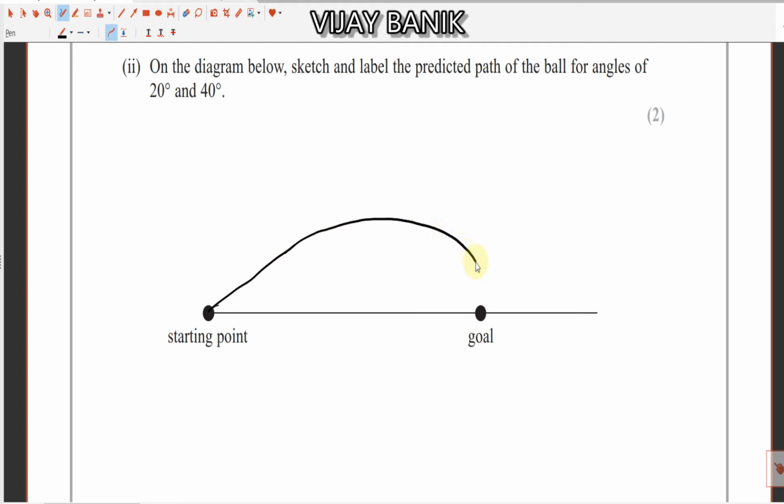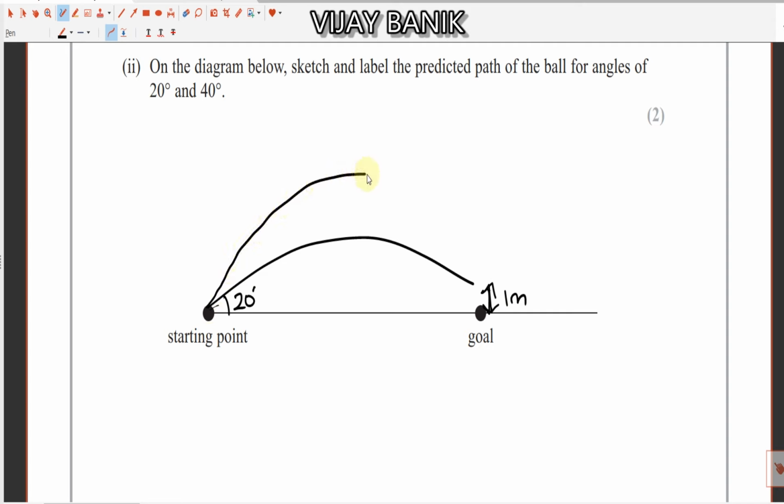So here it was around, okay, this is a bad diagram. This is 1 meter from the ground, this is 20 degrees, let's say. And if you throw something at 40 degrees, this is how it's going to be.